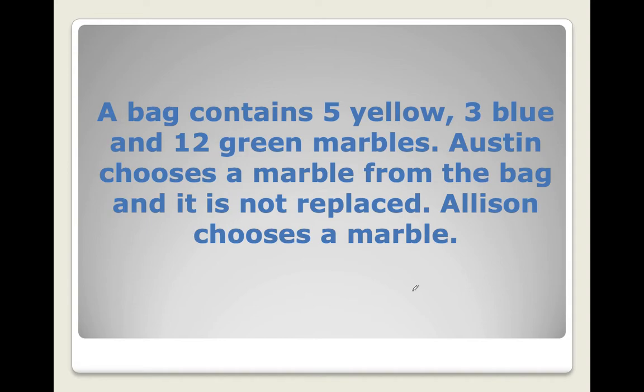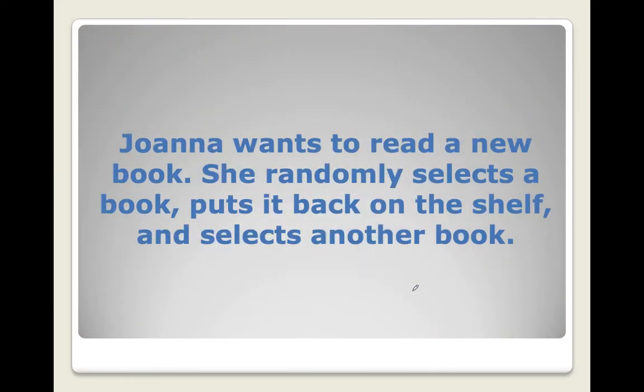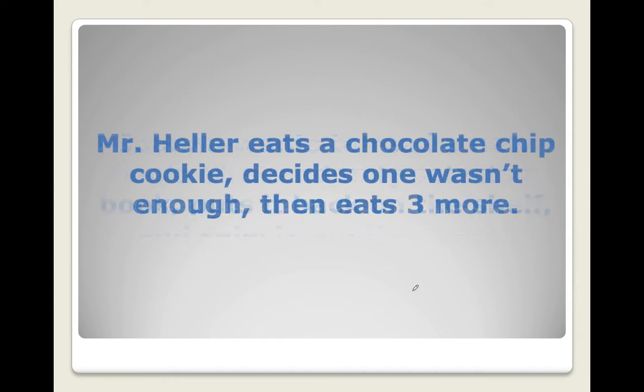Allison chooses a marble. Joanna wants to read a new book. She randomly selects a book, puts it back on the shelf, and selects another book. Mr. Heller eats a chocolate chip cookie, decides one wasn't enough, and then eats 3 more.